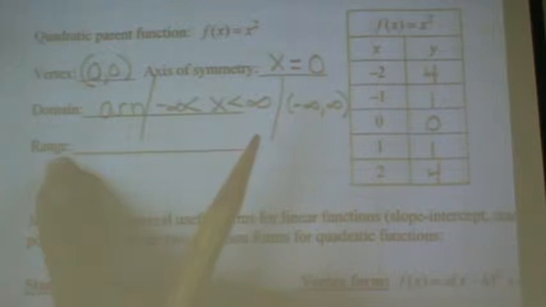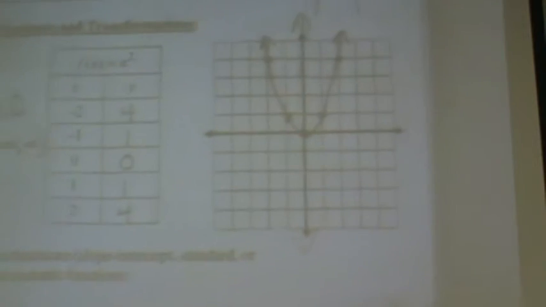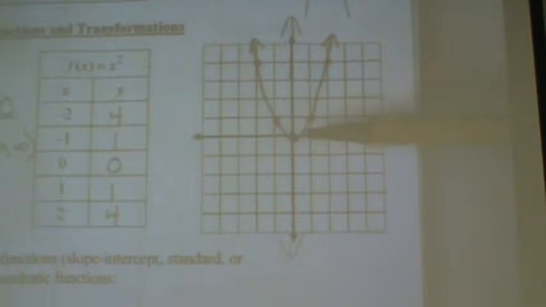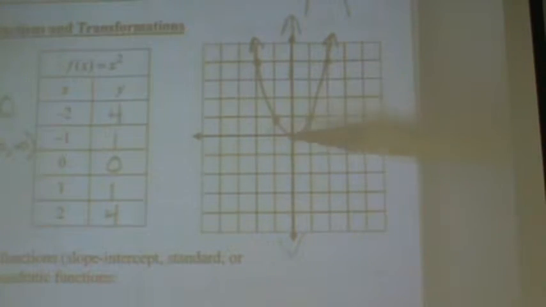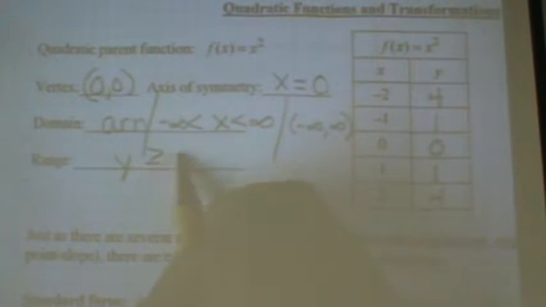Now the range. The range is your y values. Can you explain in words what's happening to the y values? It's starting here and it's going up. So the y values are increasing from 0 up. So the y values are greater than or equal to 0.